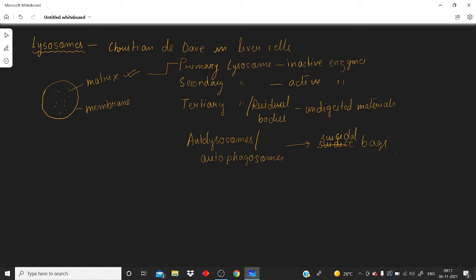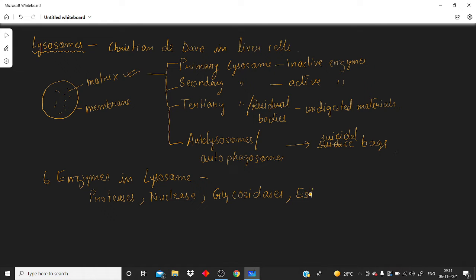Now there are 6 types of enzymes found in lysosomes. Let us know the names. First is proteases, that will break down any protein. Then nucleases, that will break down nucleic acids like DNA and RNA. Then glycosidases, that will break down carbohydrates or polysaccharides.